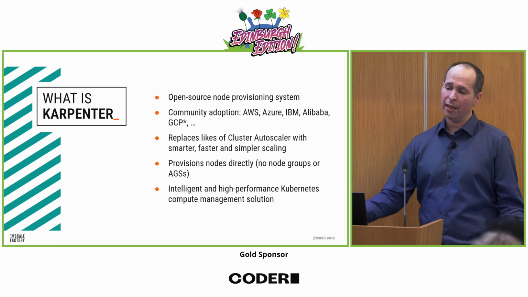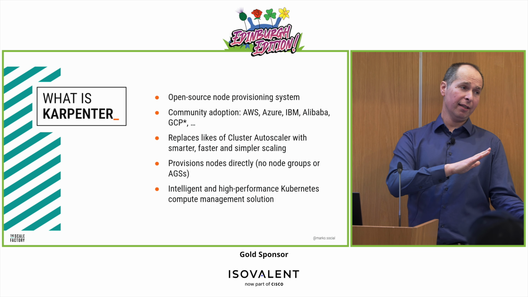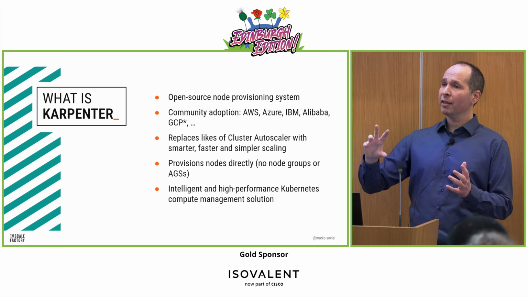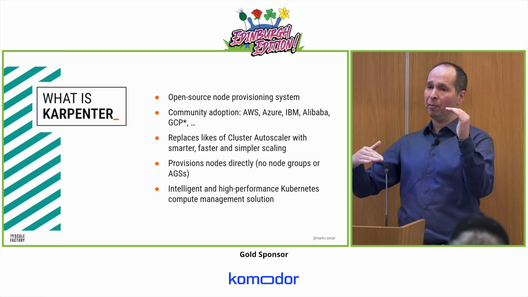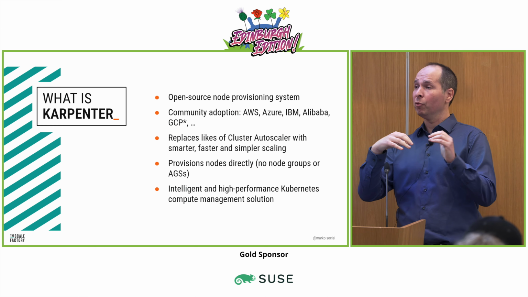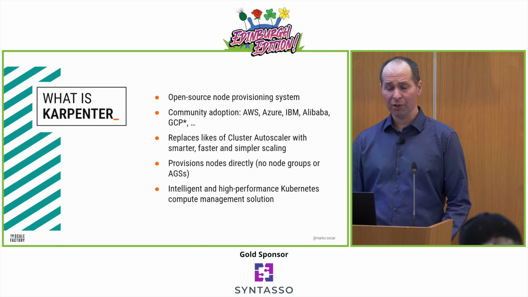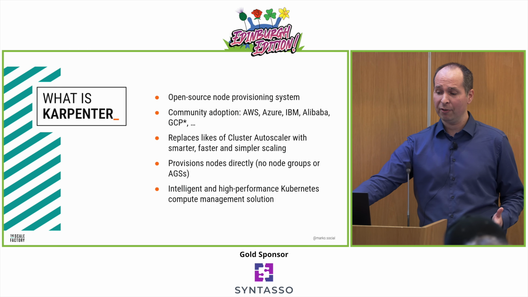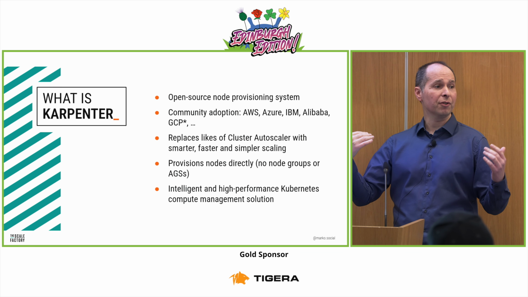And when I say it's an intelligent and high-performance compute management solution, what I mean is that when it tries to find compute, it always looks at the cost as well. So it tries to optimize not just for capacity, but also for the minimal cost required to satisfy the capacity you need, which I think is probably unique in that space, or at least I'm not aware of a similar solution that takes all those different dimensions into play.